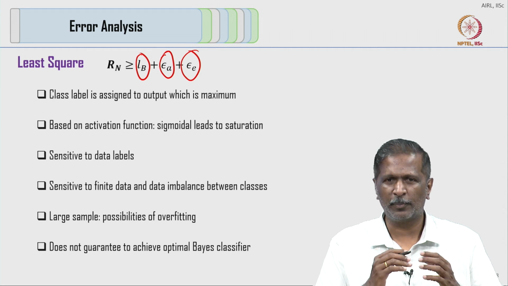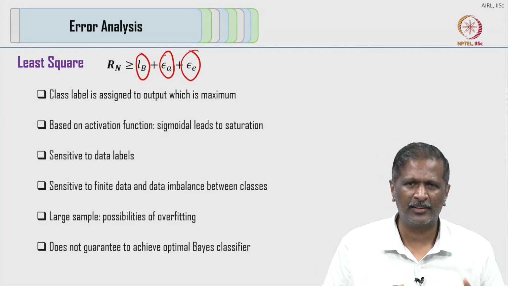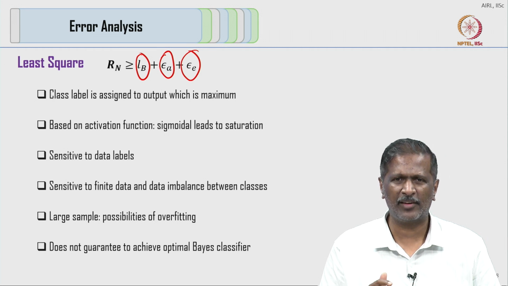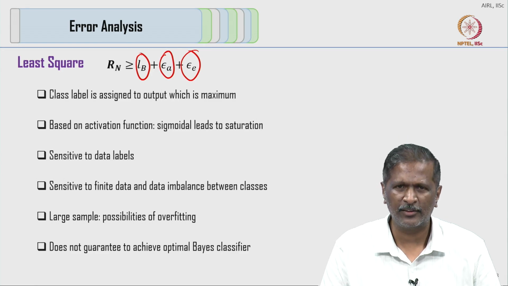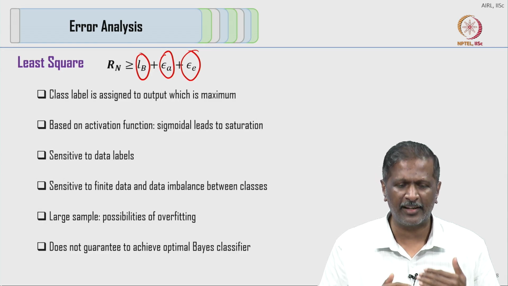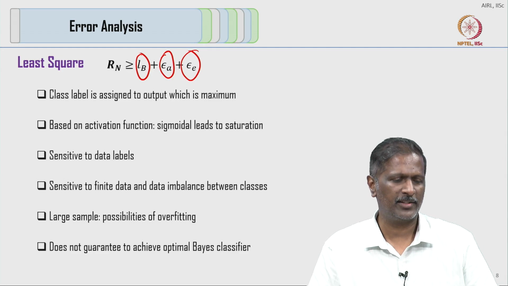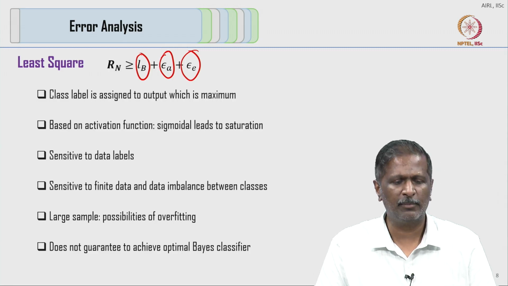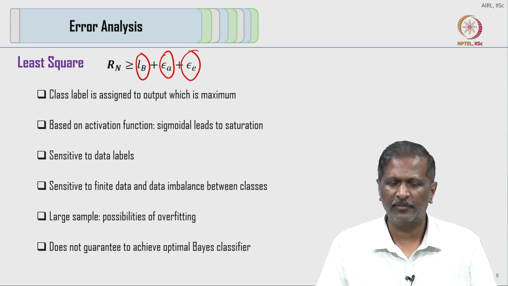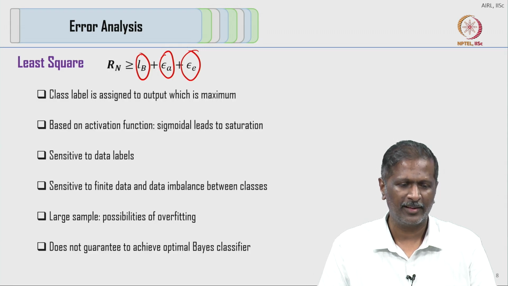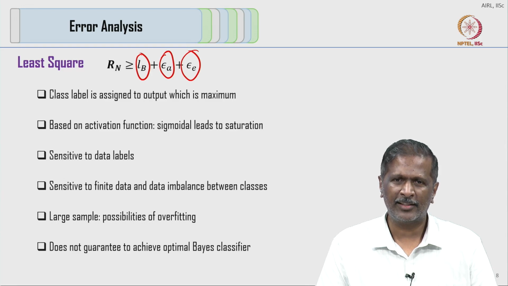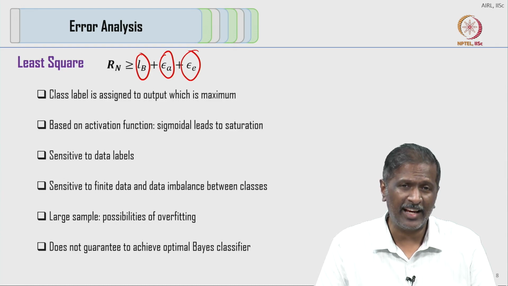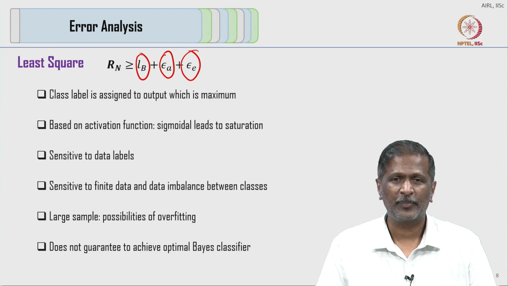Now I am not going to prove what is going to happen with this particular loss function, but it is very important. If someone is going to use this loss function, you need to understand its effect. The class labels are assigned to the output when it is maximum. Selecting the activation function also needs care.